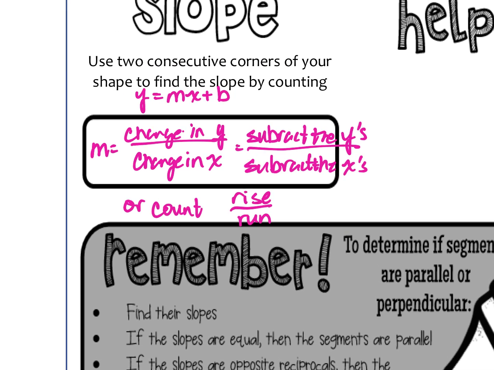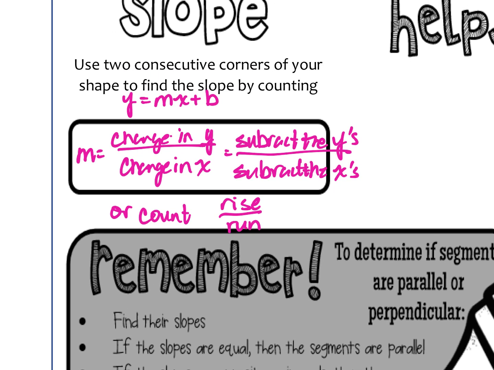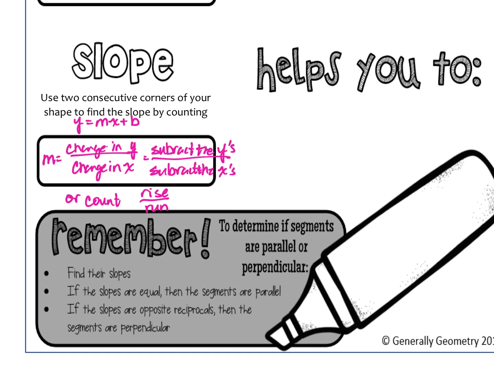Is that better? Since I'm in a coordinate plane, can I not just count squares? That's the easiest way to do it, right? Count squares. Okay. Is that better, Lay? I made it bigger for you? Awesome.